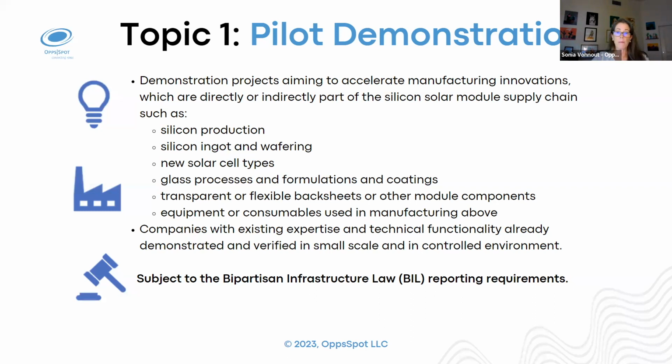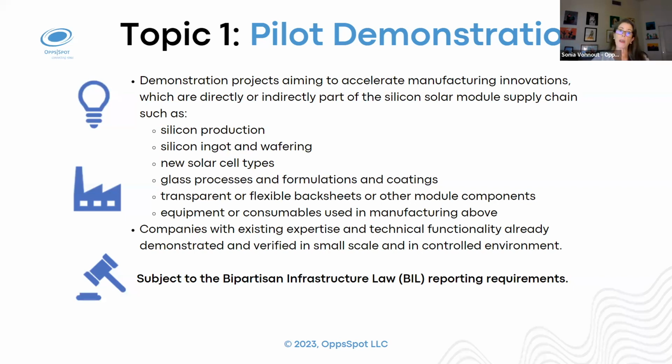And they're looking for companies with already existing expertise that want to demonstrate that they can scale within a controlled environment. Keep in mind, topic one is tied in very closely with the bipartisan infrastructure law, or the bill, when you're doing your reporting requirements.